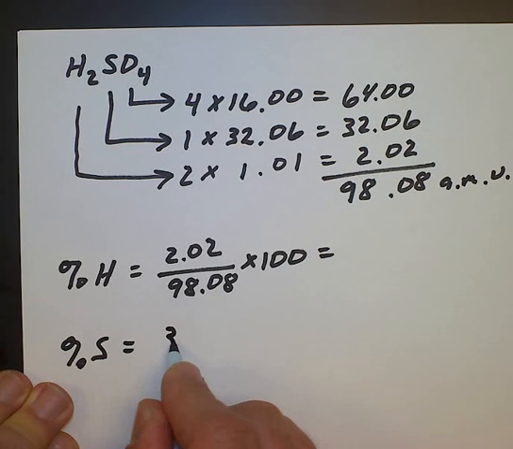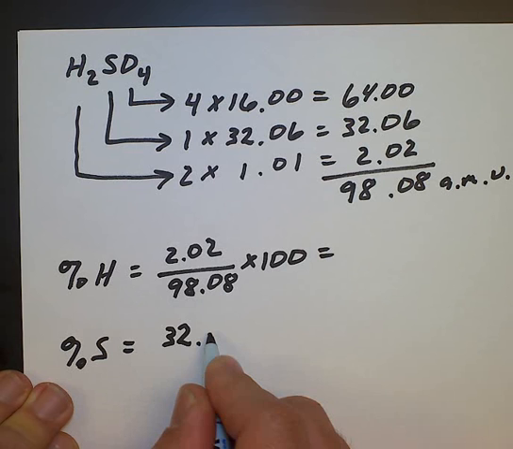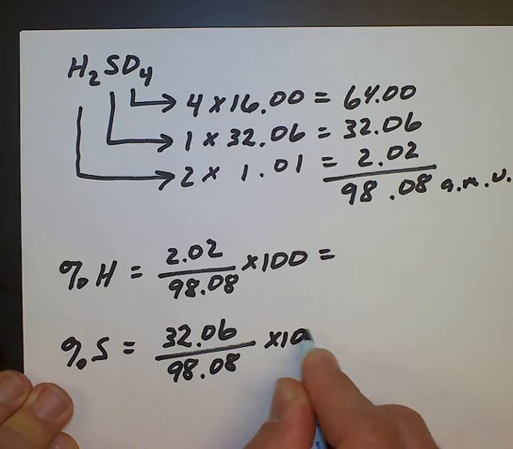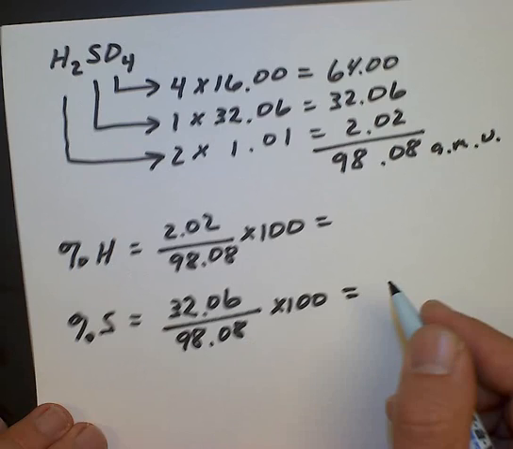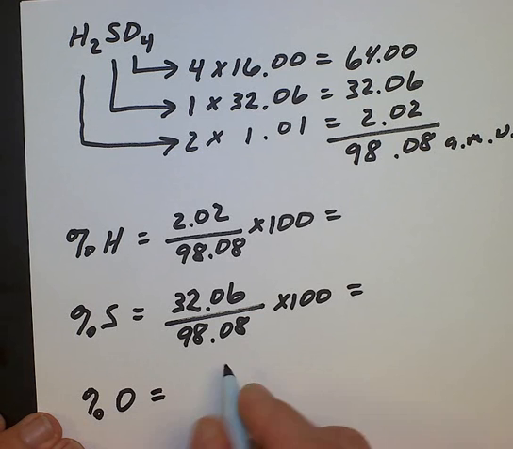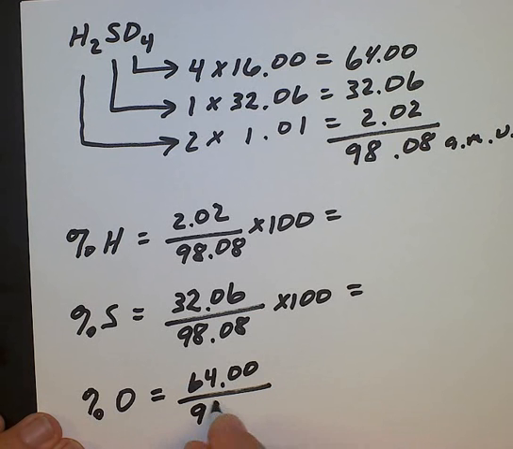Sulfur has a total mass of 32.06, and we're going to divide that by the molar mass of the compound times 100. And we're going to take the percentage of oxygen. That has a total mass in the formula of 64.00 divided by the total molar mass of the compound.